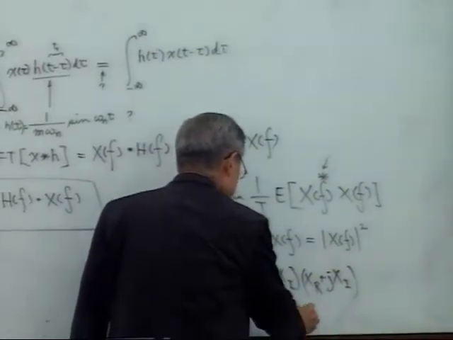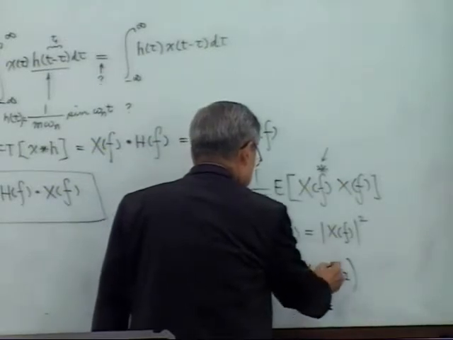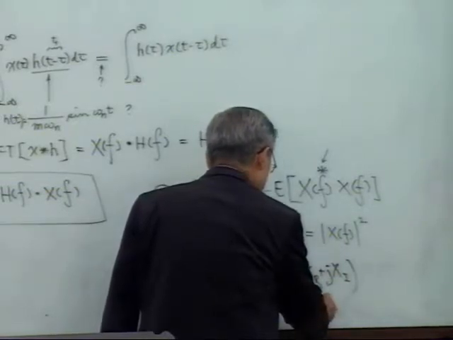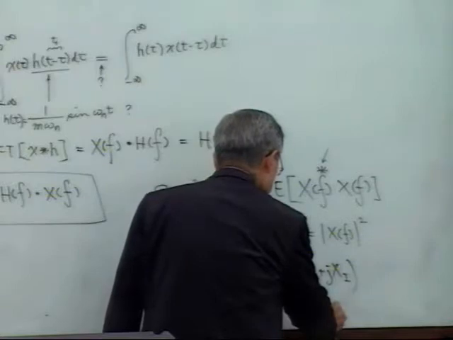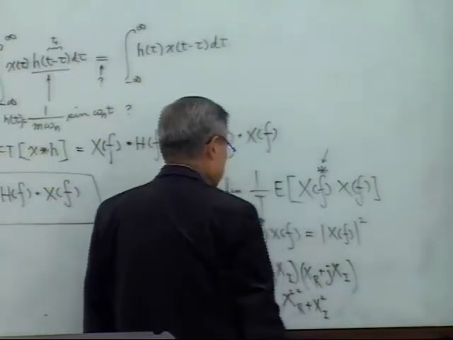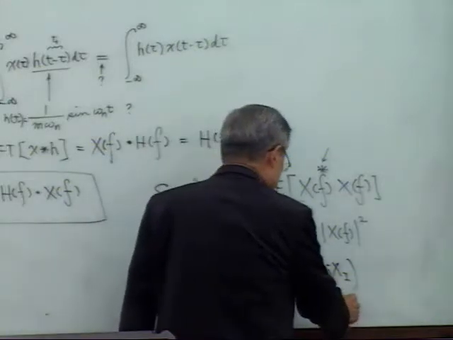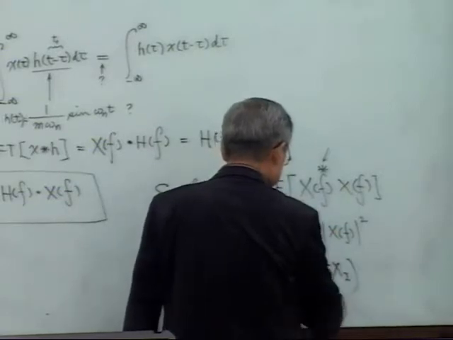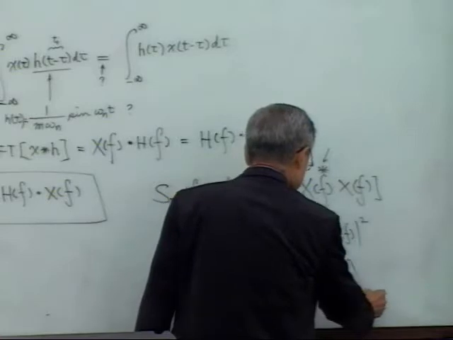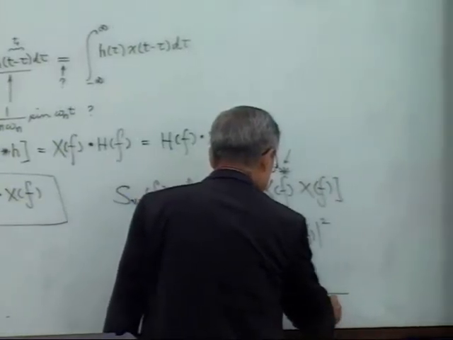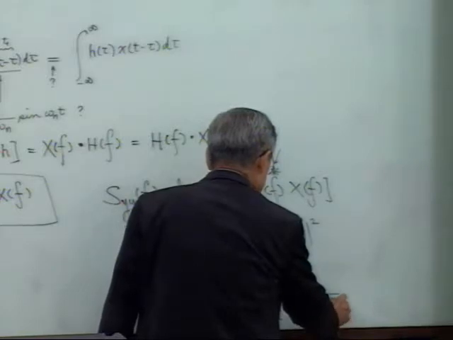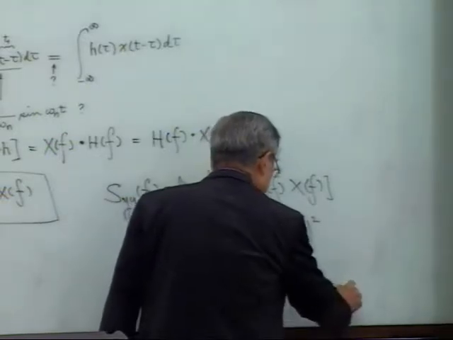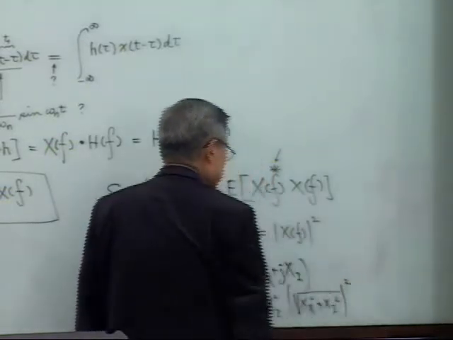Then j squared is minus, so it's a plus, and this becomes xr squared plus xi squared, which is the absolute value squared.